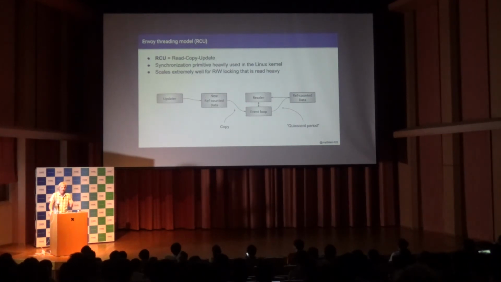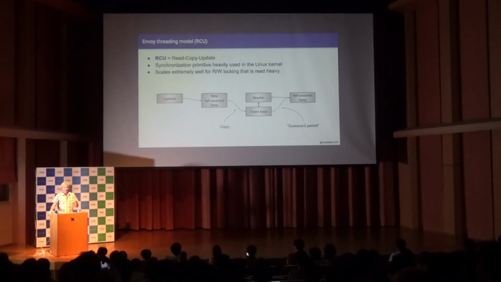So what that means is that if I have hundreds of threads and they're all going in this event loop, I can make some new data, I can post it over to all of my worker threads, and because the post doesn't actually occur until that quiescent period when no one is actually using that data, I can be sure that no one, for example, is looking at that new route table.